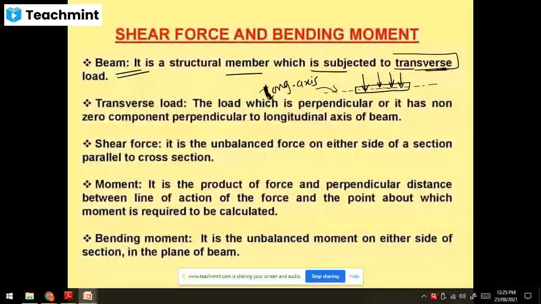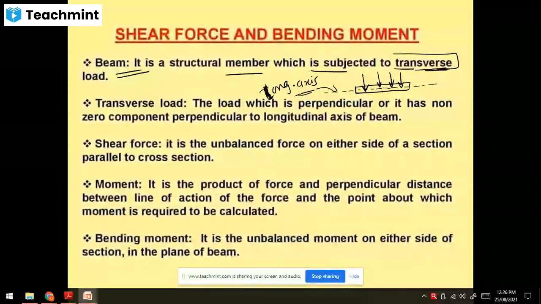The member which is subjected to transverse load, that structural member is called a beam. The member has a horizontal axis, the longitudinal axis.